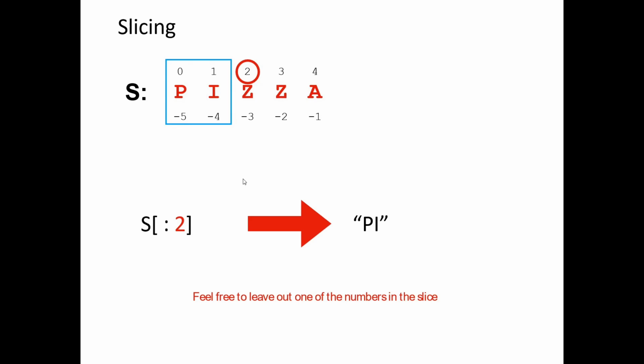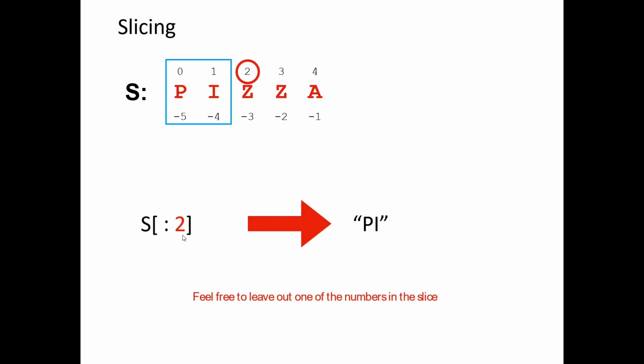For example, if I want just the first two letters, the P and the I, I can use the colon without that first number. I could put the 0 in if I want, but I don't need to. I can leave off the 0. If I want two letters, that's going to be up to index, but not including, 2, or two letters. Either way you want to think about this.